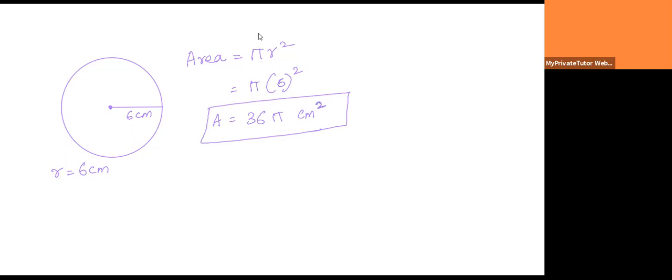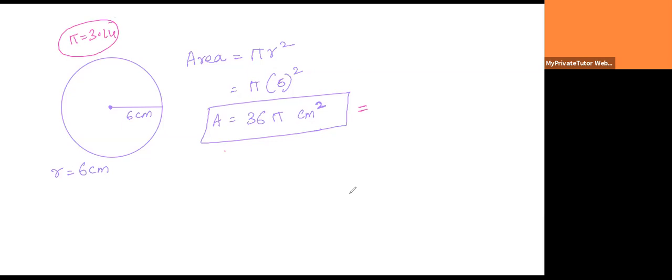This is the final answer we can say, but sometimes you might need to answer after substituting pi equals 3.14. Please substitute that and then you will get the answer, probably in a decimal number.